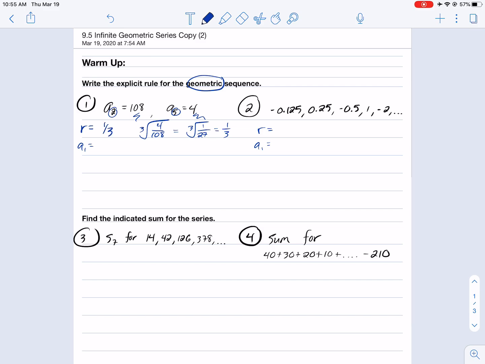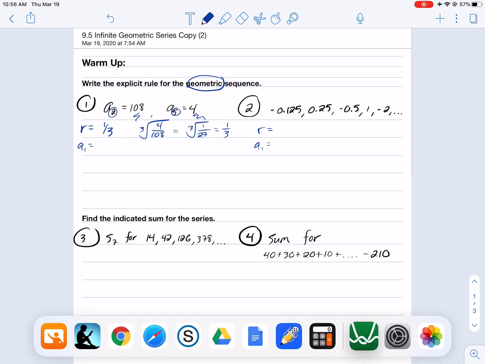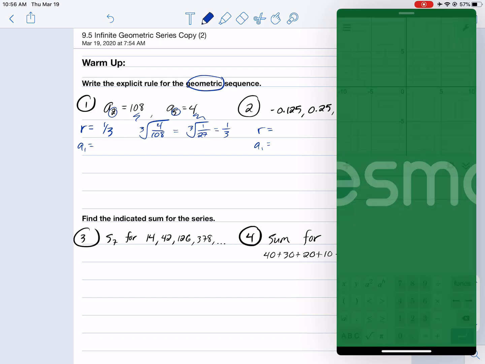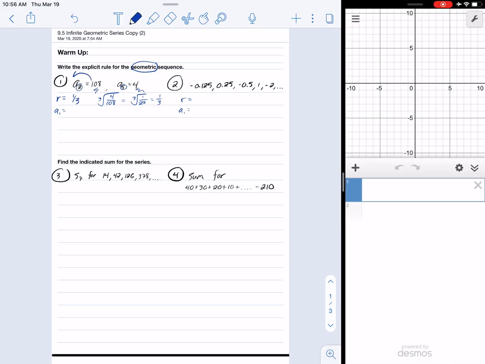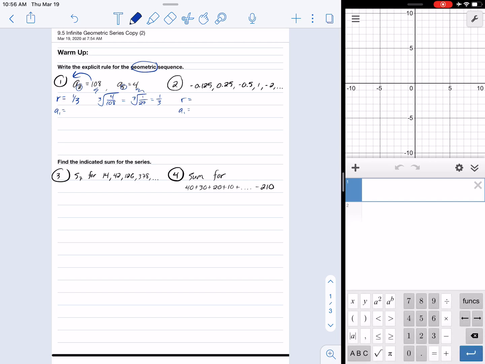Okay. First term, you need to go back to find term 0. So from 108, we need to multiply by 3 to go back to term 0. Our 108 times 3 gets us 324.